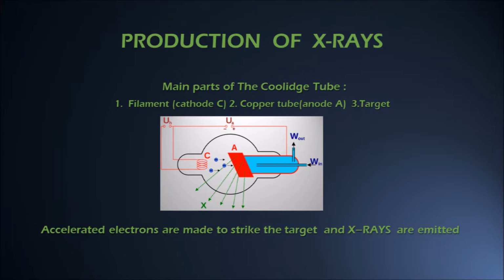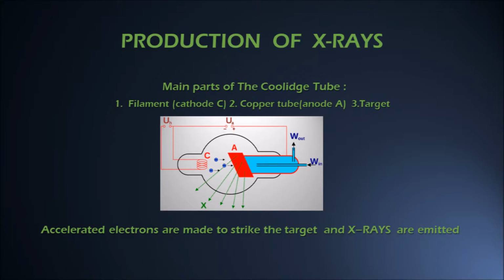A copper tube is fitted in front of the filament and water is made to circulate through it for cooling purpose. A target made of a metal having high melting point like tungsten or molybdenum is properly mounted on the copper tube as shown in diagram.